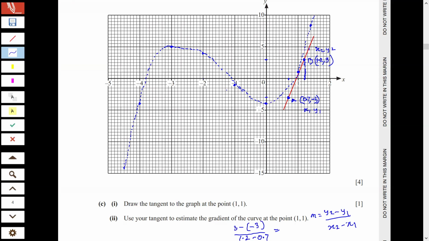Okay, so we have a negative here, and so 3 minus negative 3 gives us 3 plus 3, which is 6, over 1.2 minus 0.7, which gives 0.5.